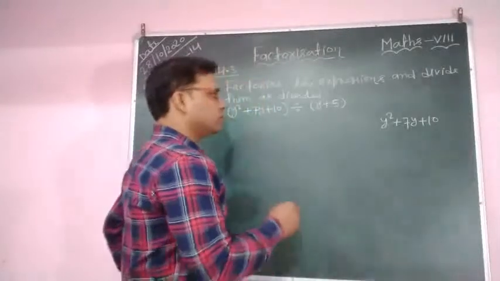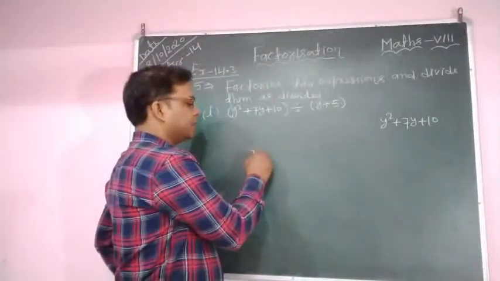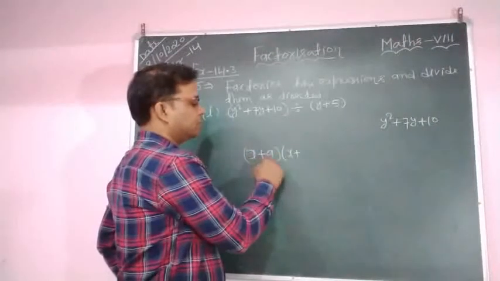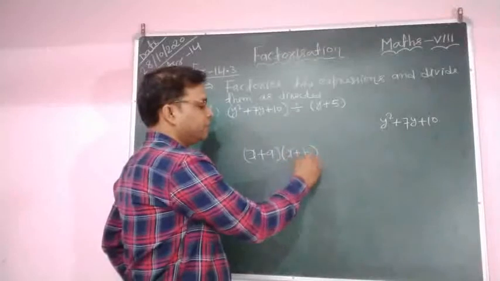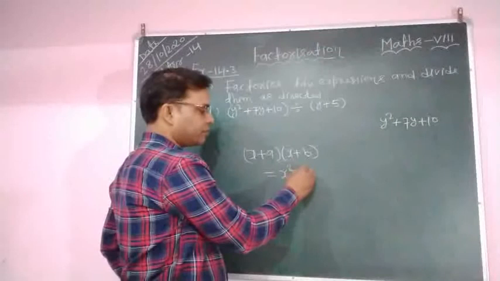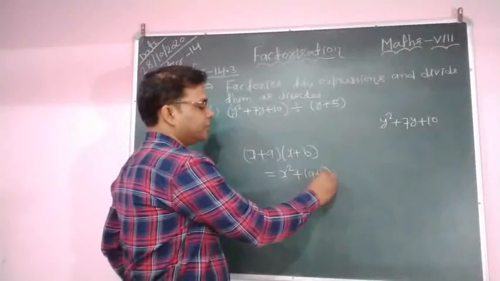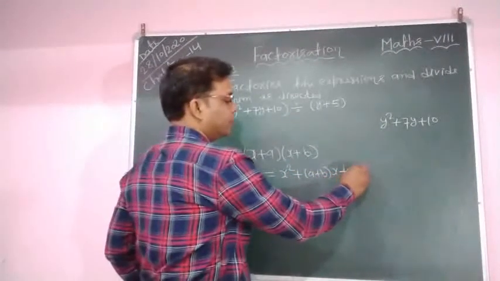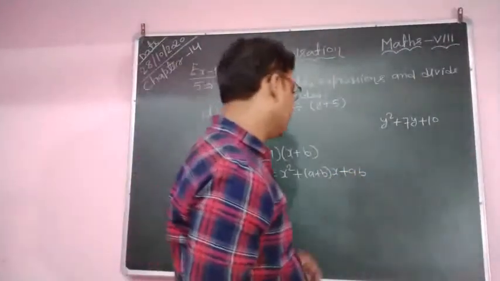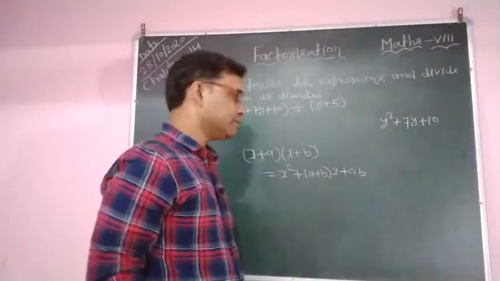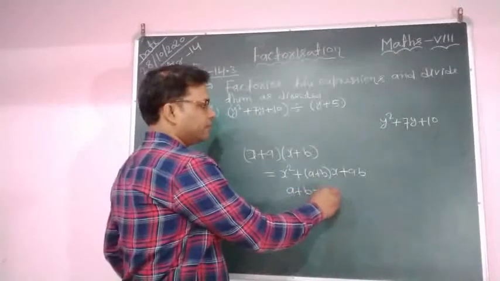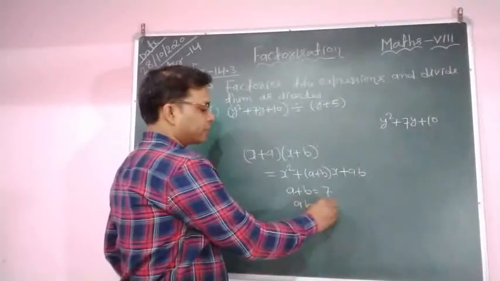Also you can say we use this identity: x plus a into x plus b is equal to x square plus a plus b into x plus a into b. If you compare it, then you obtain a plus b is equal to 7 and a into b is equal to 10.